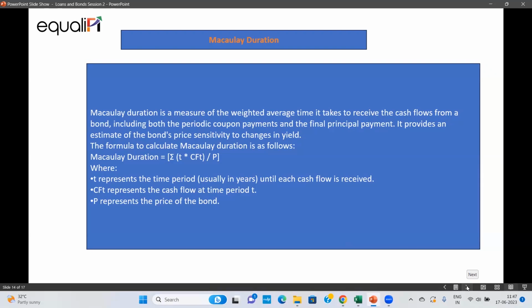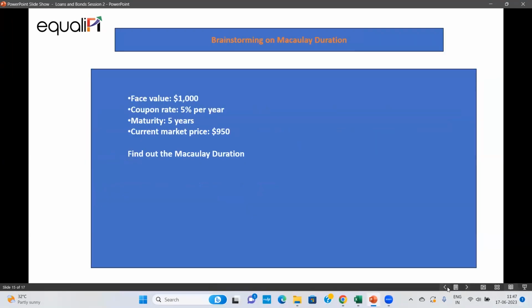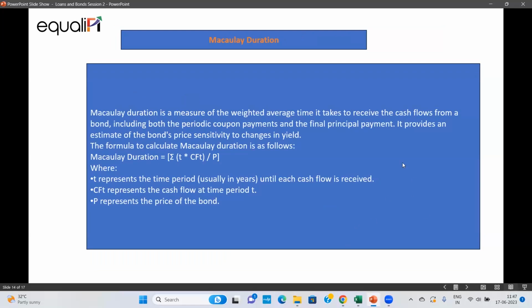Where we get the time, we get cash flow at the period point at a time period T, we get the price of the bond, and we need to find out the Macaulay duration, right? Again, please take a snip of this. What is the concept of Macaulay duration?